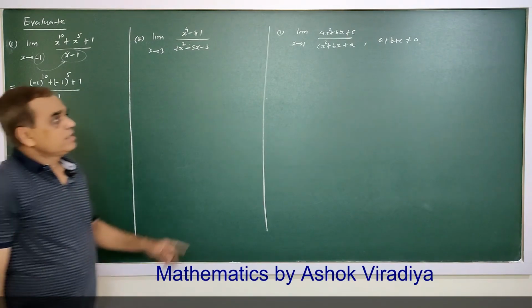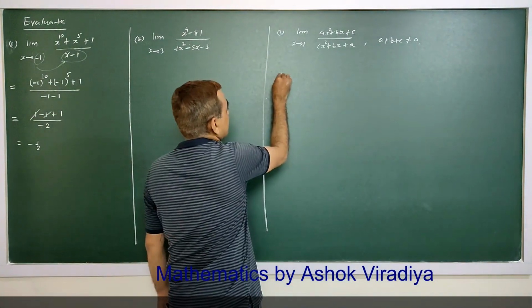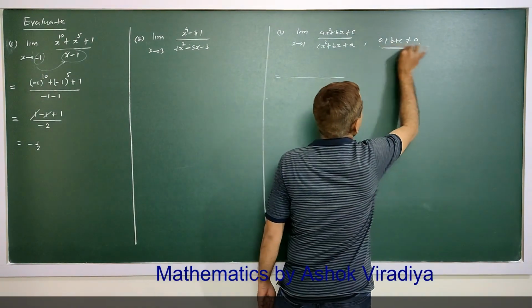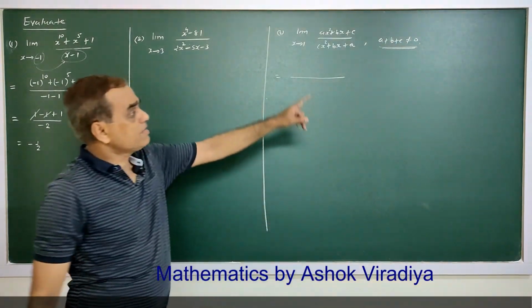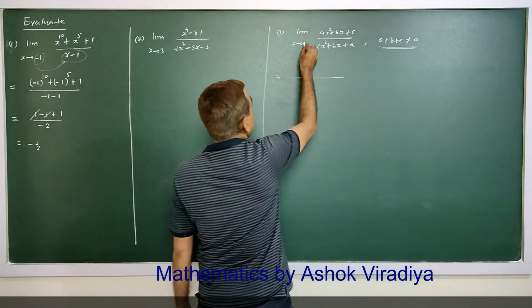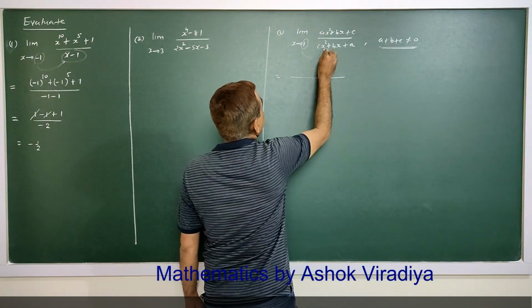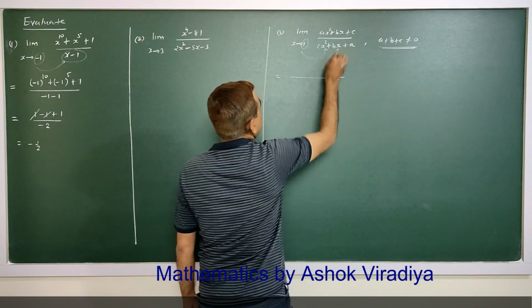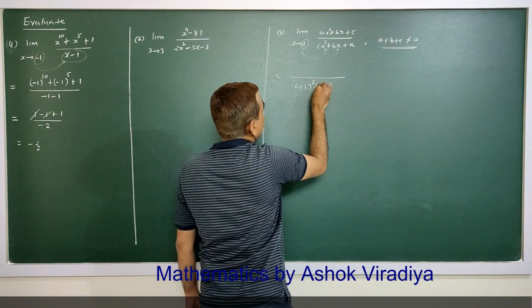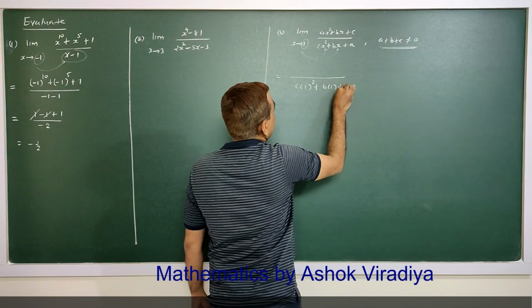Say in this question, given condition a plus b plus c is not equal to 0. Put x equal to 1 in the denominator. So putting here 1, c into 1 square plus b into 1 plus a.